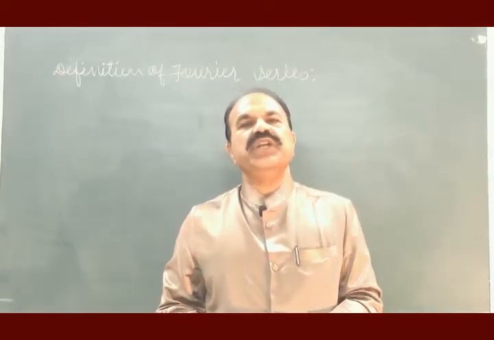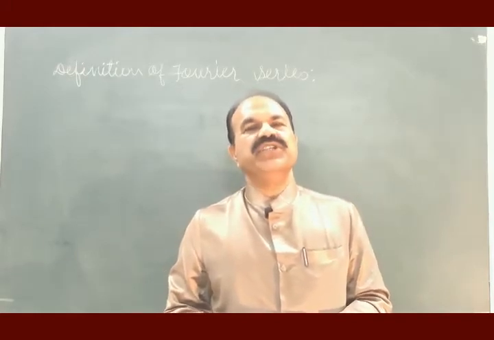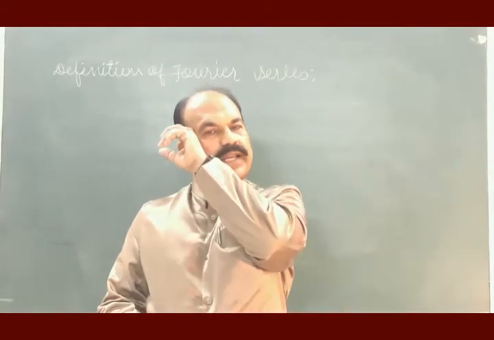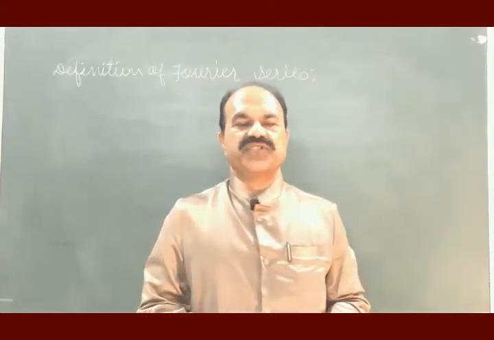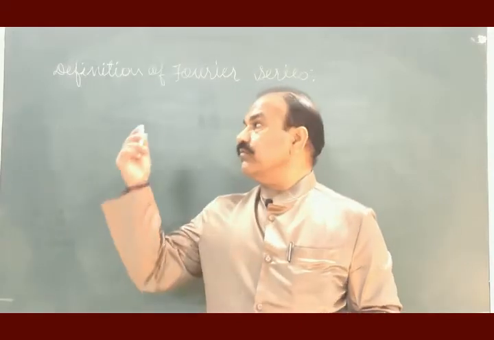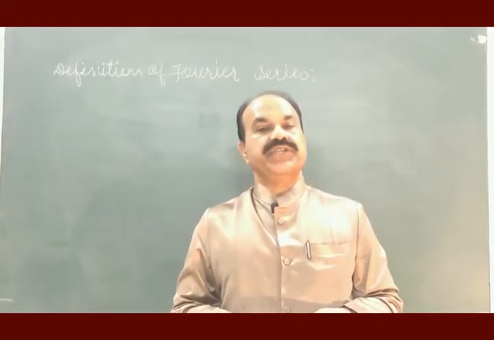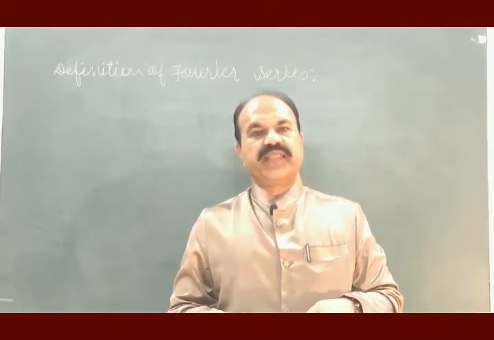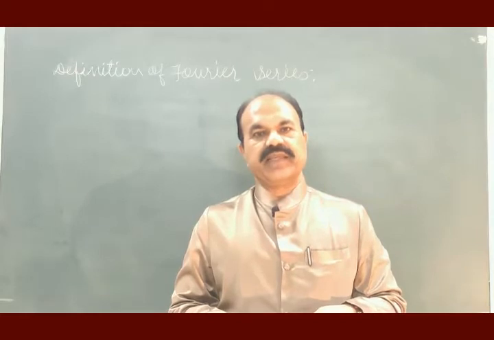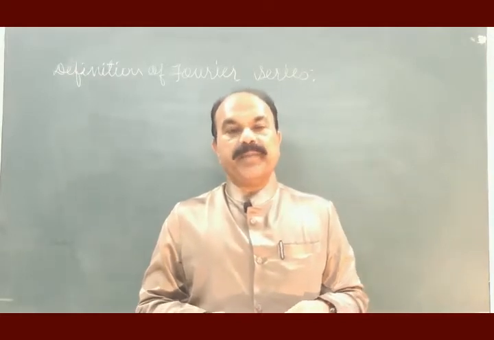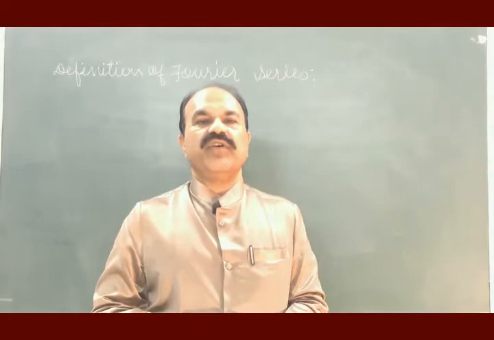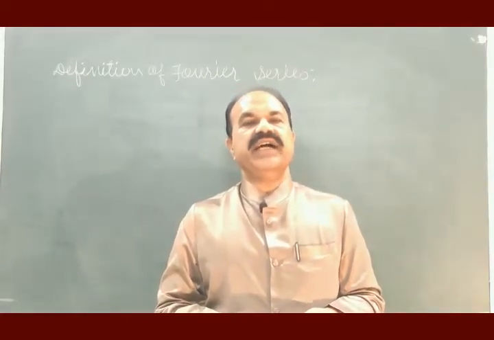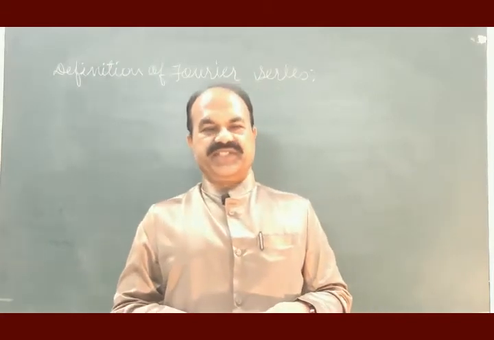Fourier series is not only used for representation of discontinuous functions, but it can also be used for representation of continuous functions. What should be the definition of Fourier series? Definition of Fourier series is the representation of a function f of x in the form of sine and cosine series.